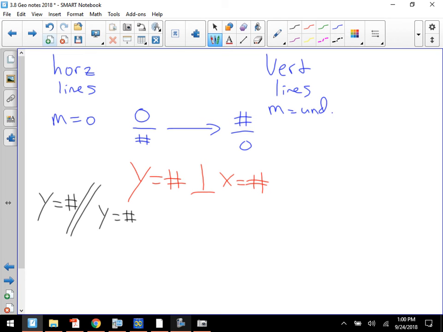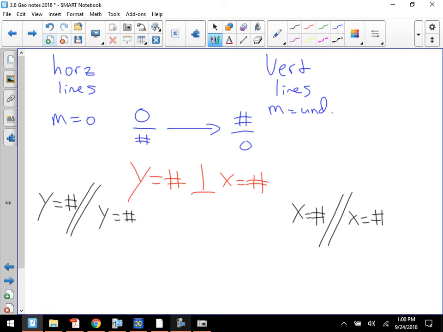Think of your lined paper. Every one of those lines is the same. Which also means that every single vertical line will always be parallel to every other vertical line.